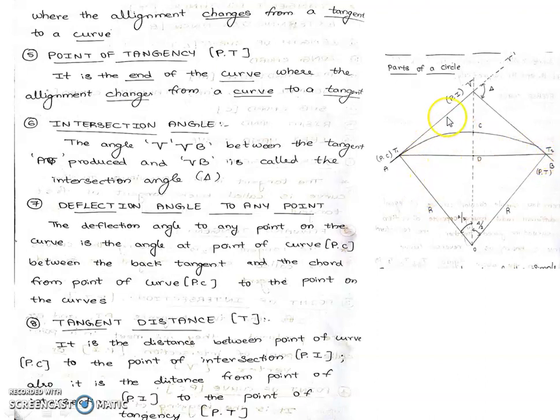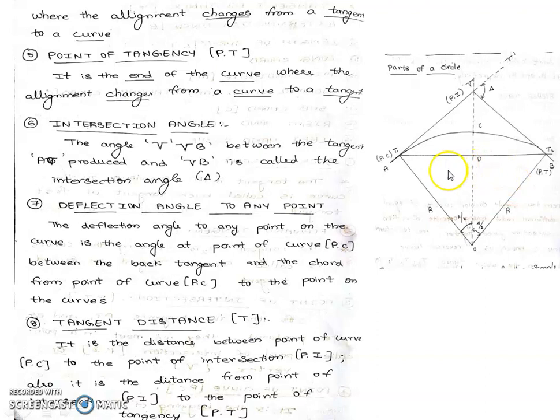Next is intersection angle, here V dash VB. The angle V dash VB, between tangent AV dash and VB, is called the intersection angle. Deflection angle to any point.